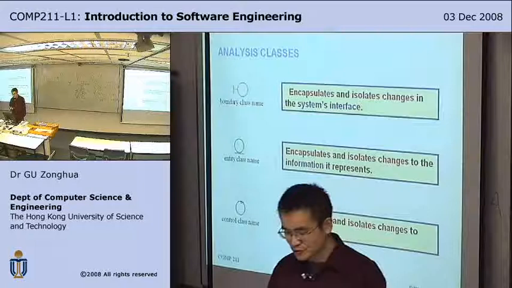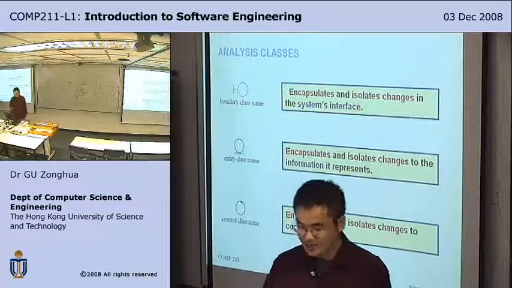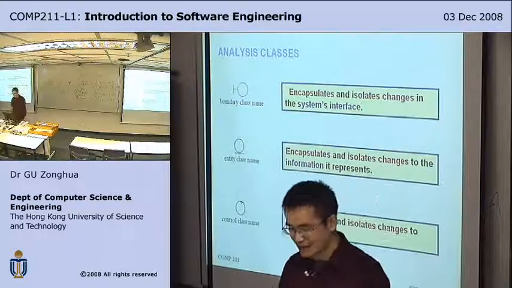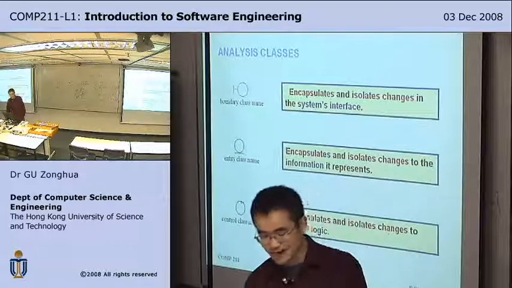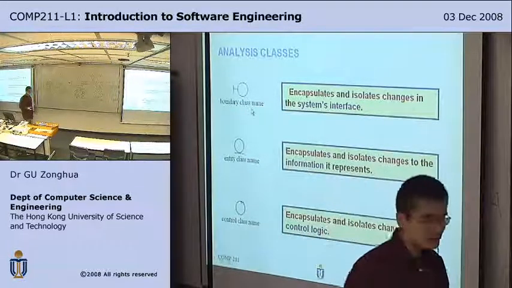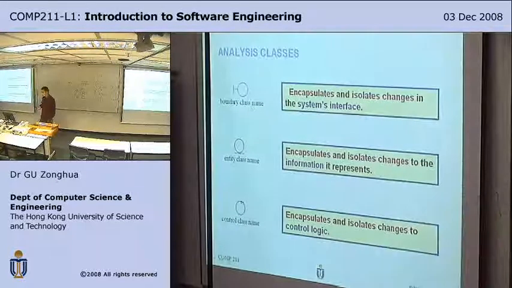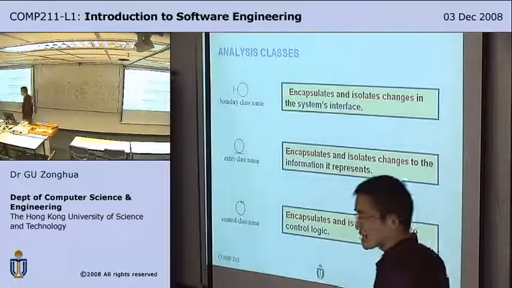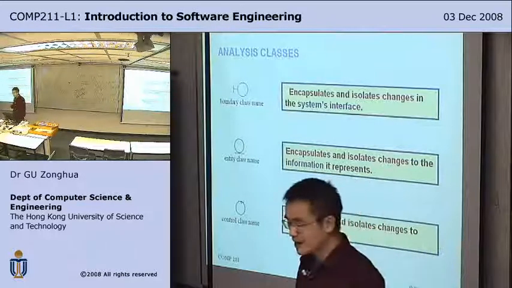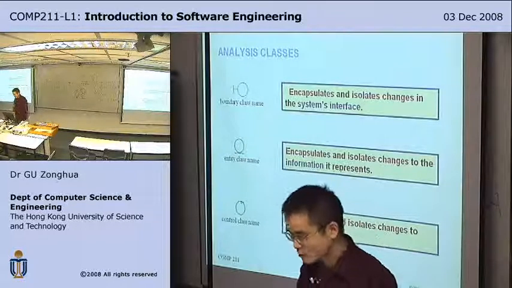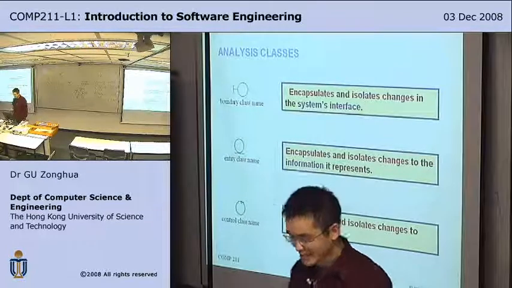Entity classes encapsulate information, that is database information. Control classes encapsulate control logic. So you draw this abstract icon here. It represents perhaps a very complex collection of design classes later, so that you can modify your design without modifying your analysis model. So that's why you say encapsulate and isolate changes.